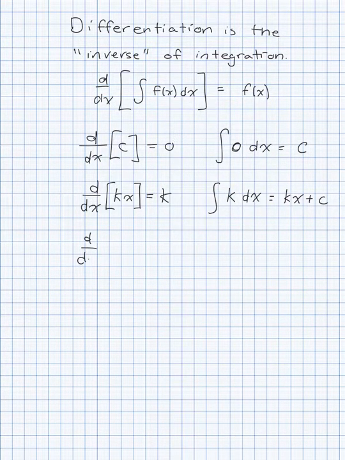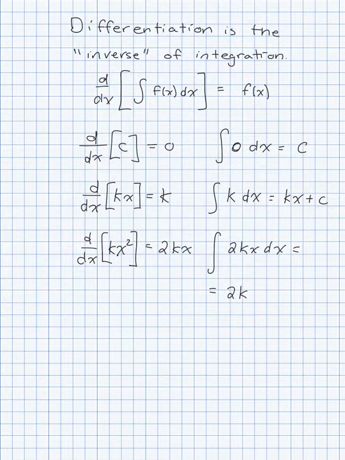Similarly, when we differentiate kx squared, we get 2kx. And so if I were integrating 2kx dx, well, I can pull the 2k out, that's a constant, and so I'm really just integrating x dx.